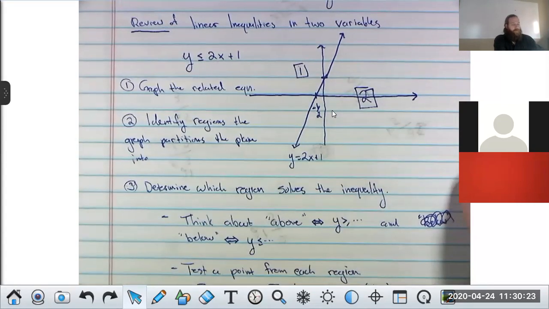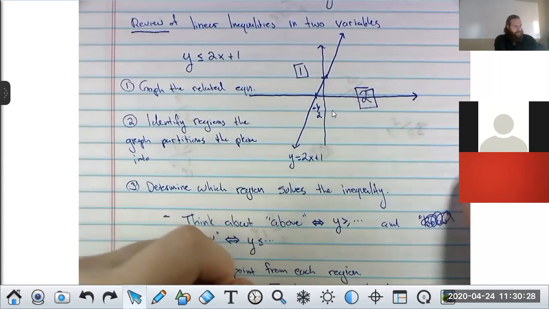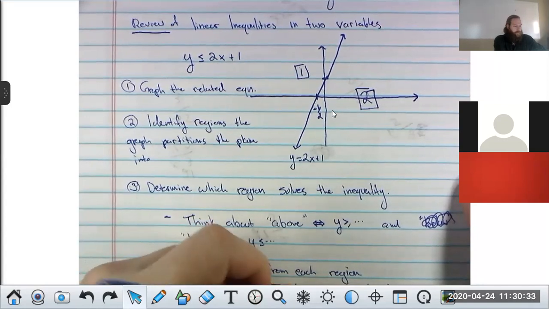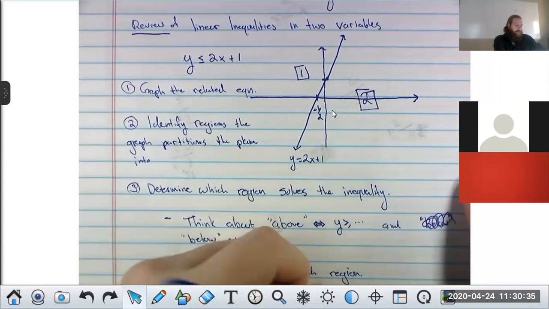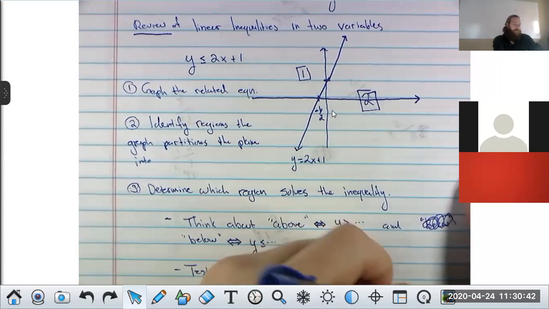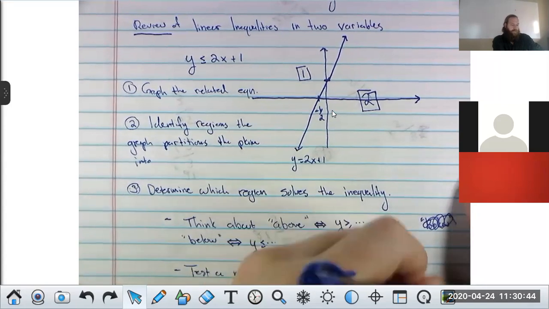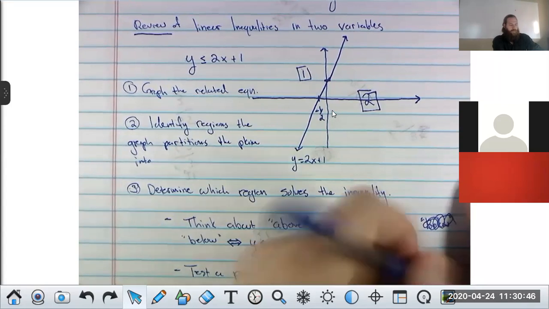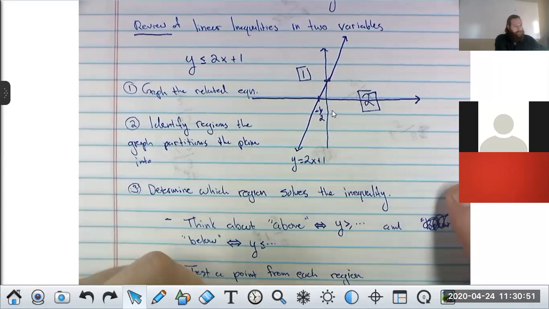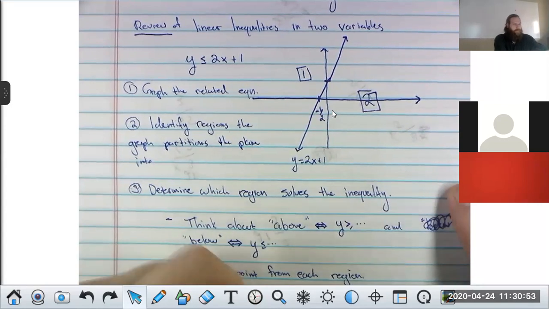And when I plug -1 in for x and 0 in for y, what I get is 0 is less than or equal to 2 times -1 plus 1, which is the same as saying 0 is less than or equal to -1, which is false. So region 1 does not solve the inequality. It is not a part of my solution.